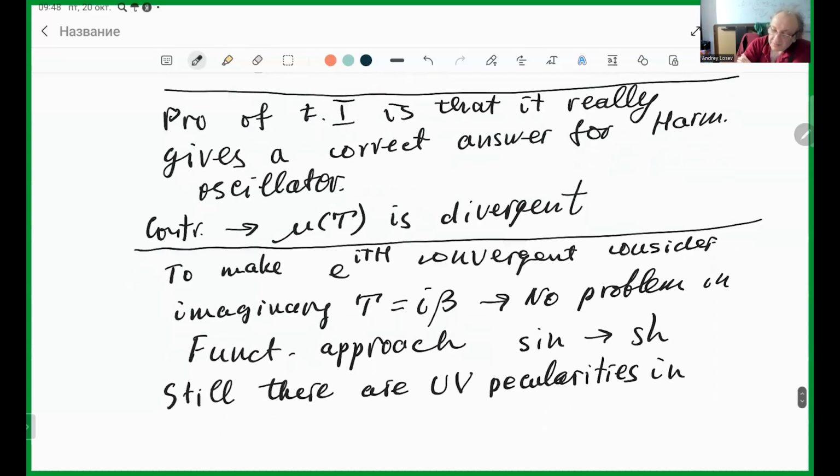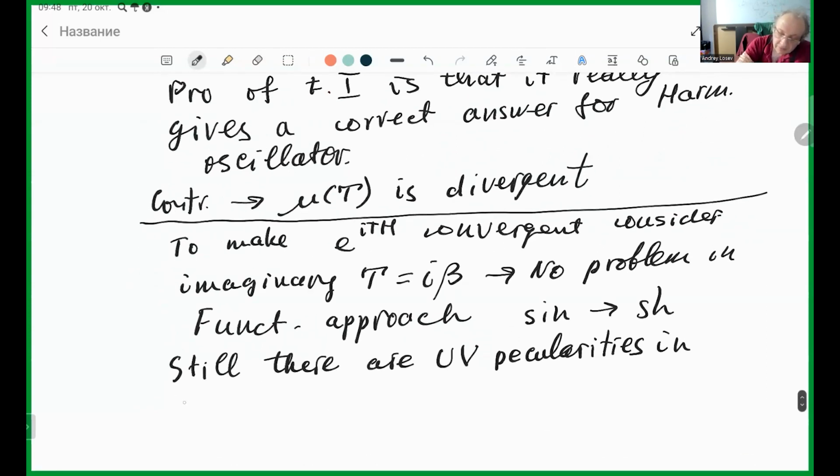In the functional integral, or Feynman integral.